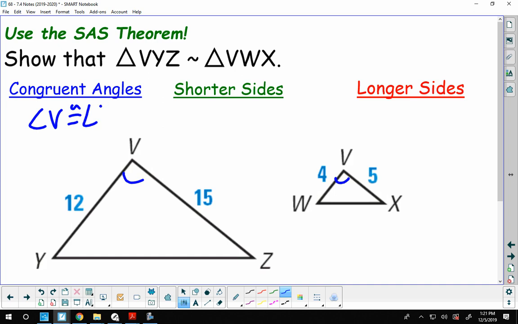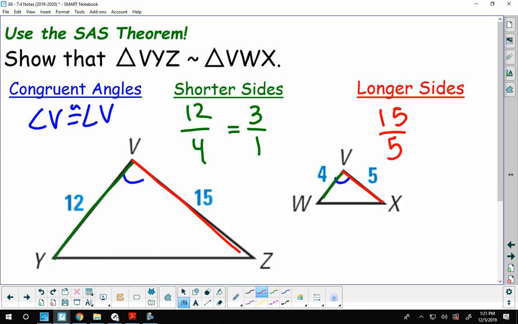And then let's compare the shorter sides. So the shorter side over here is 12, and the shorter side over here is 4. Well, 12 divided by 4 is 3. So this simplifies to 3/1. And then let's compare the longer sides. 15 in this triangle compares to 5 in this triangle. Notice that I did triangle VYZ in the top both times.